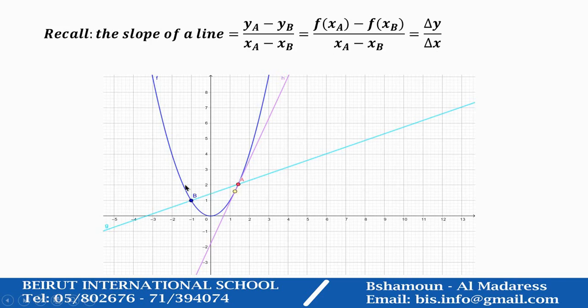Okay. In any function, the blue one, any point b and any point a that belongs to the function, you notice that as x of b approaches x of a, the line AB will become tangent to the curve.